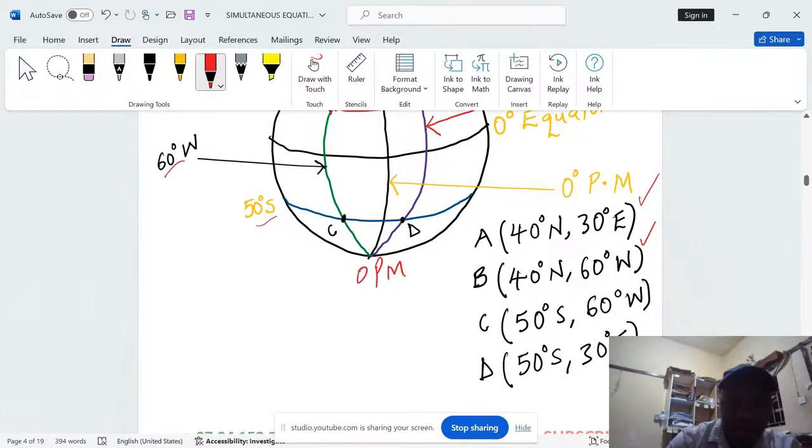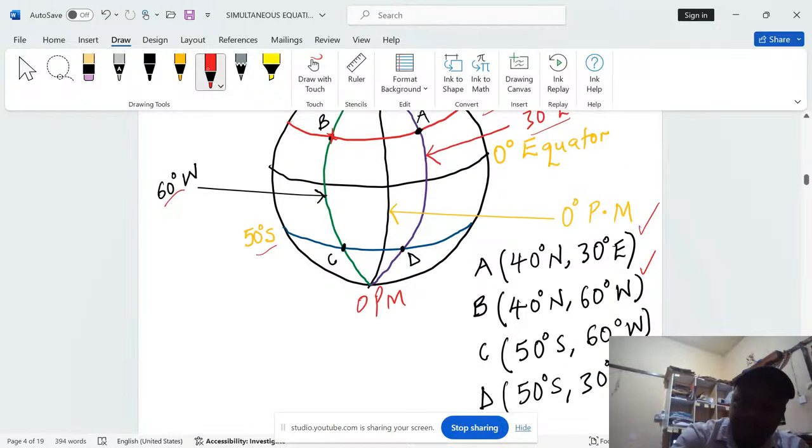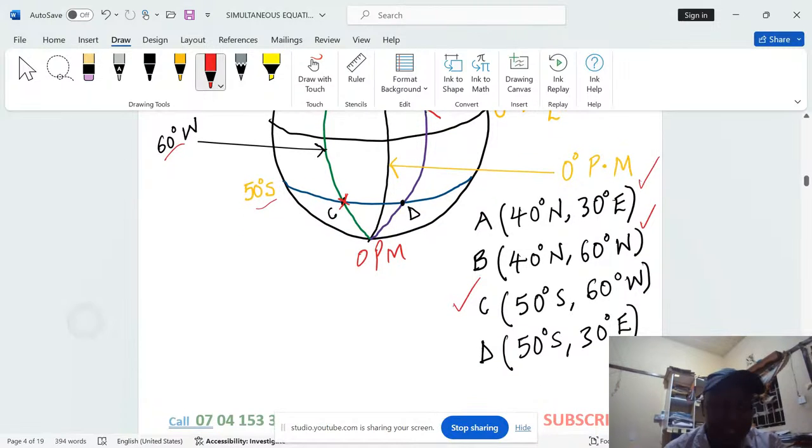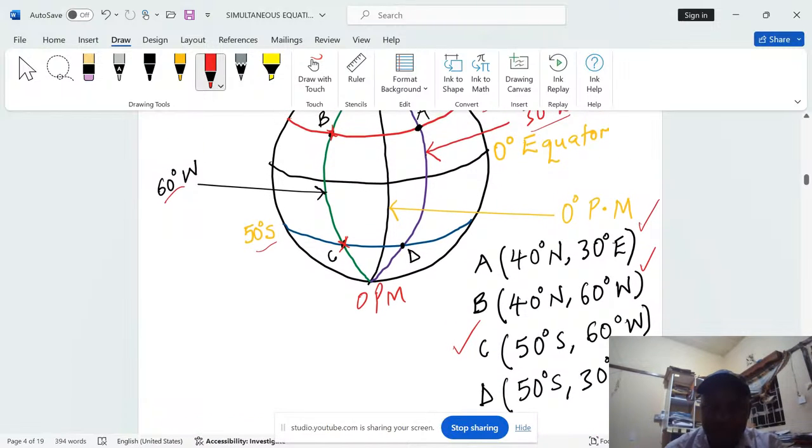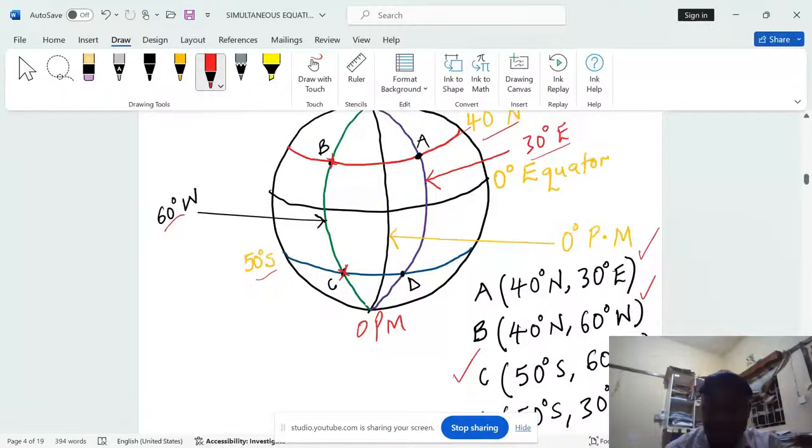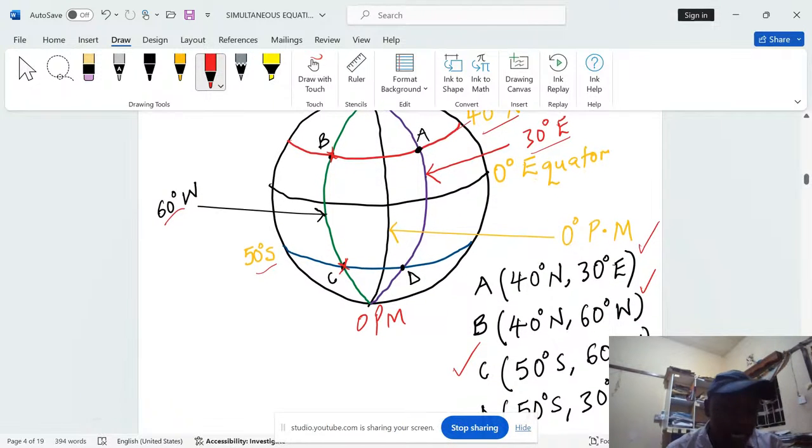Then there is C in the southern hemisphere. Point C is at 50 degrees in the south, that is the latitude, and 60 degrees in the west. So that is how we describe the position of C. There's also the position of D in the southern hemisphere, 50 degrees in the south, but the longitude is 30 degrees in the east, where A is lying.